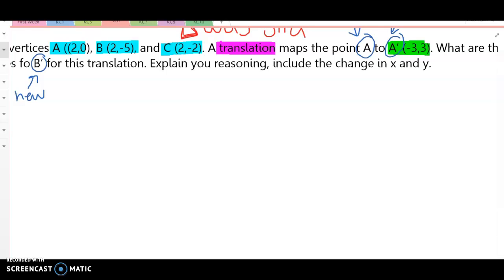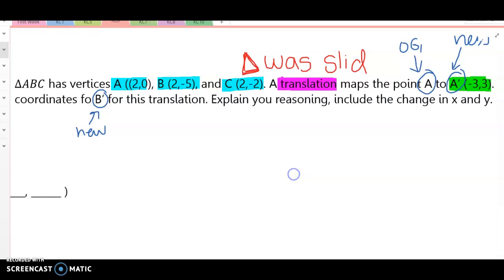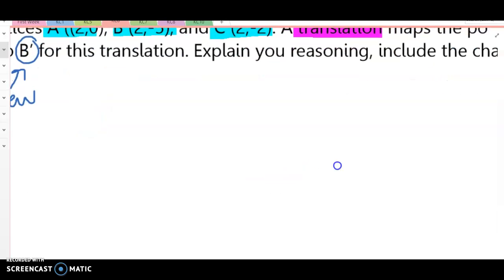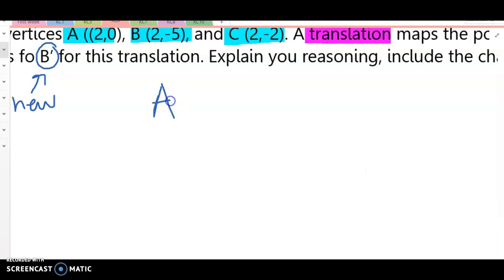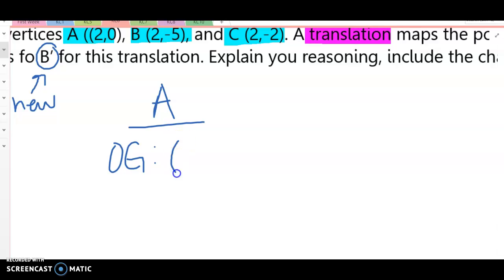So when you have a triangle, if A moves a certain amount, then B is going to move the same amount because that triangle is always connected. Okay, so if we track how A got from its original position to its new position, then we know B's original position, and we can figure out where it ends based off of what happened to A. So point A, we see the original location right here, just plain A. The original location was 2, 0, okay?